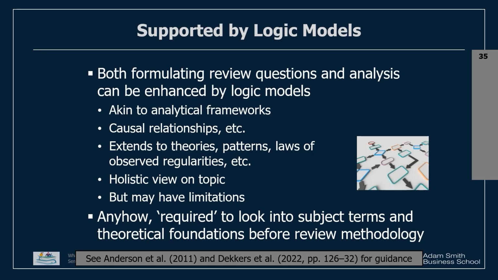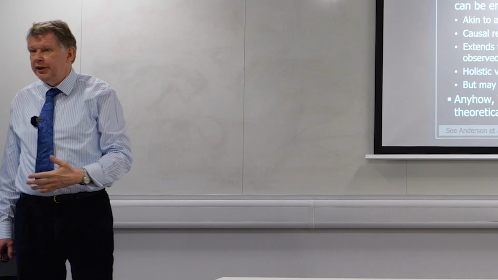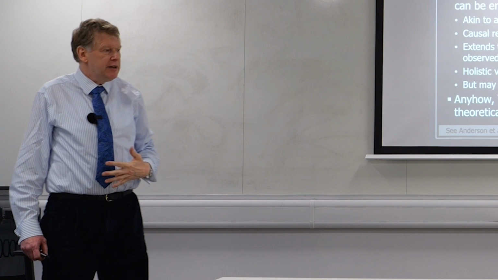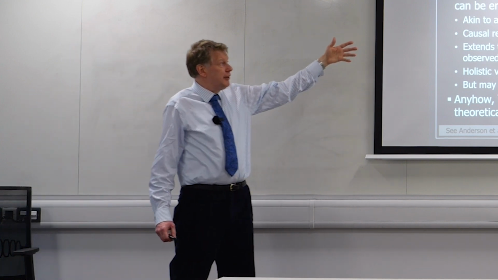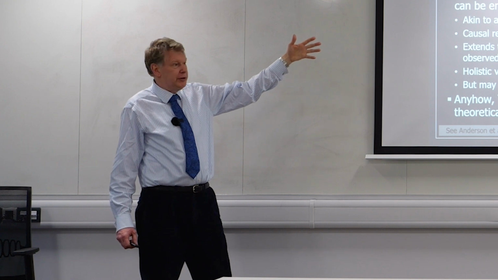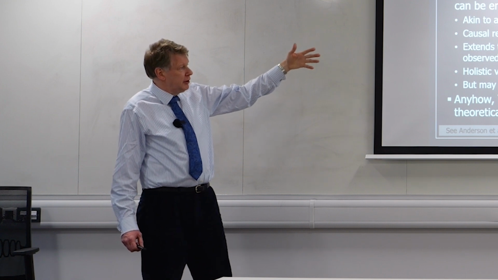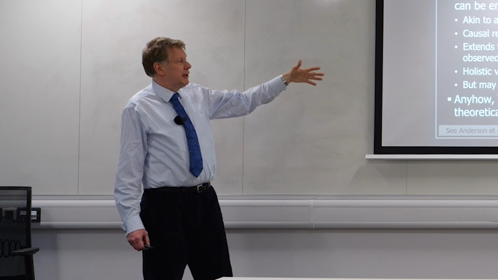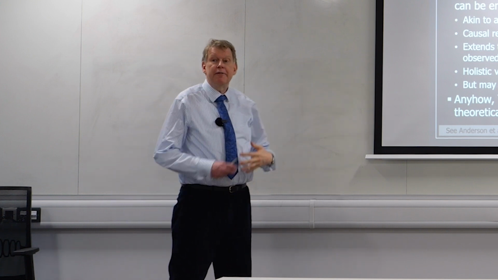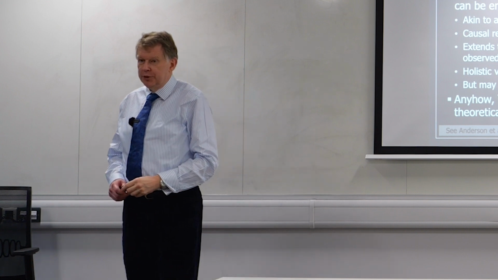Otherwise you can do it supported by logic models. That is also a possibility to create a bit more coherence about the findings that you have. That can be analytical frameworks, the identification of causal relationships, theories. And the idea is that there is a holistic view, but you have to be careful because there are limitations to any type of modeling.